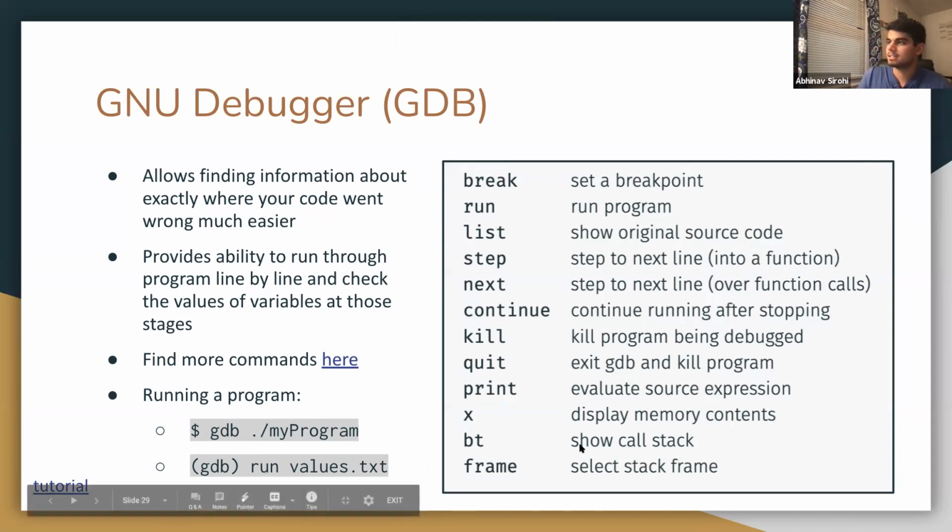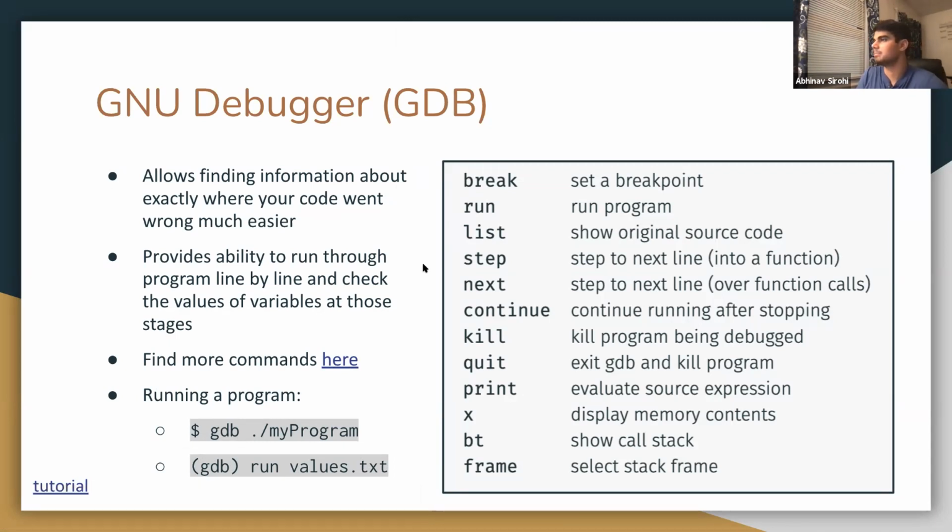This is just a list of commands that you could use within GDB, and these are some of the most useful ones that you'll find when you try to use it. You could set a breakpoint, so you could run the program and stop at a specific location, and the program will stop there. And then you could decide what you want to do.